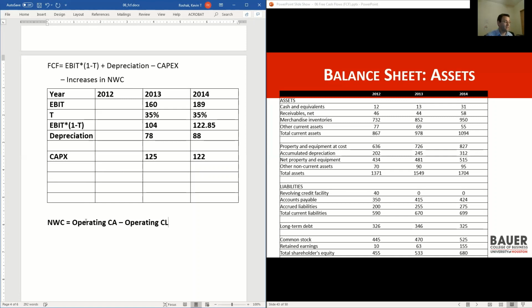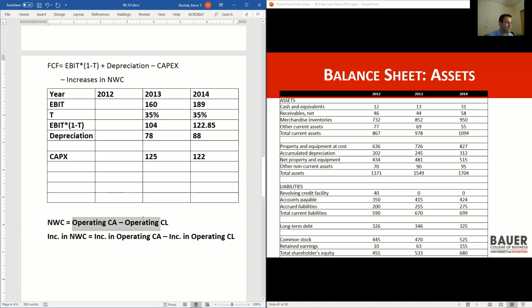And what we care about are the increases in net working capital. That's how much extra money you're putting in. So that's going to be the increase in your operating current assets minus your increase in operating current liabilities.